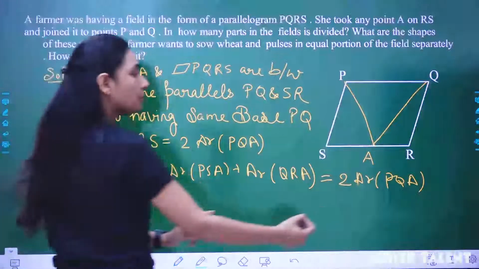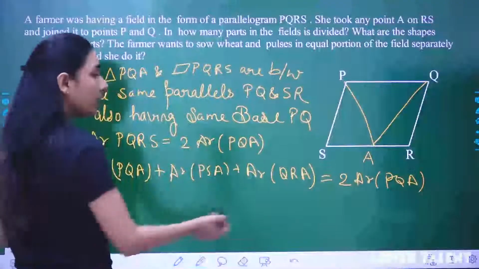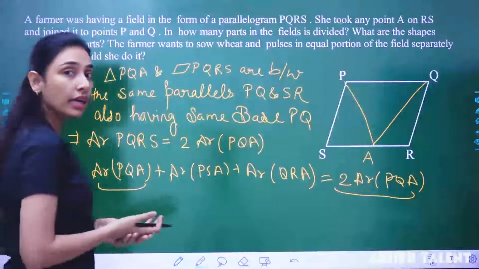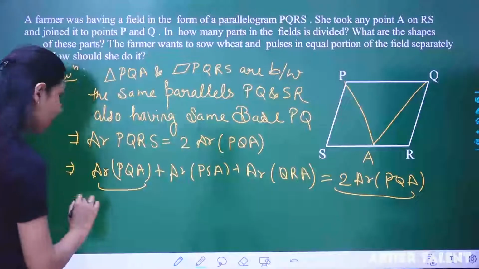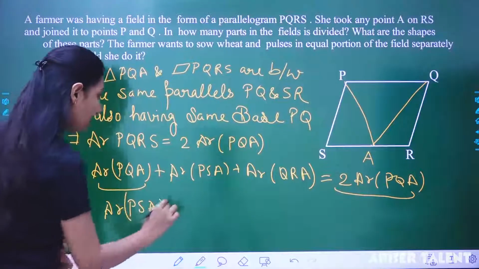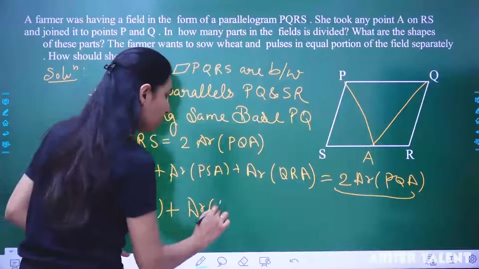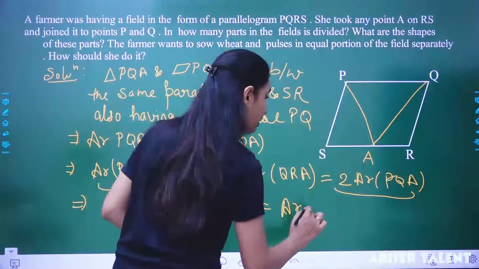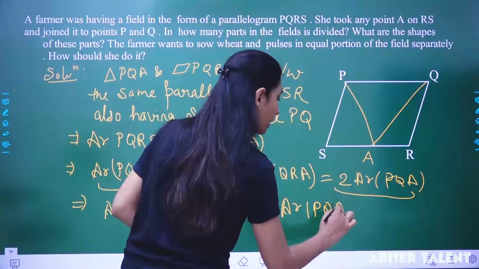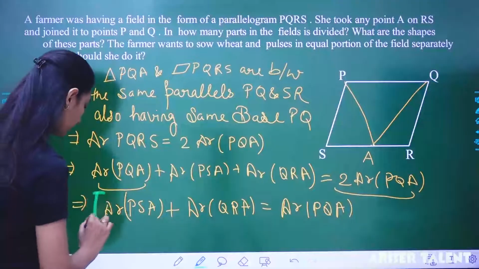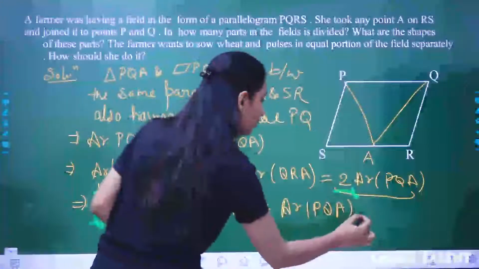When we transpose, area PQA cancels, so that area PSA plus area QRA is equal to area PQA. Okay, and this is of our use.